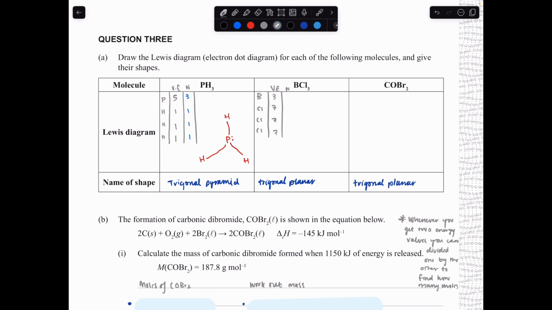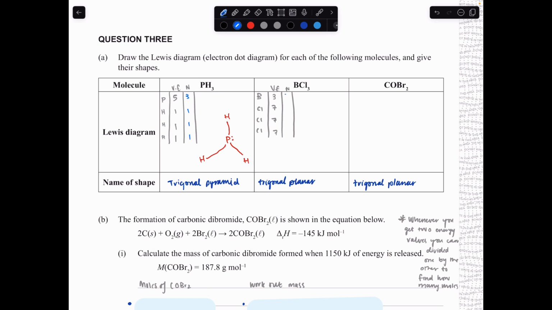How many more does boron need to have a full outer shell? You might be thinking 5, but here is where you have tripped up, my friend. Boron is another exception, so you have to be familiar with the exceptions. Boron only needs 6 electrons in its outer shell to be fully stable.